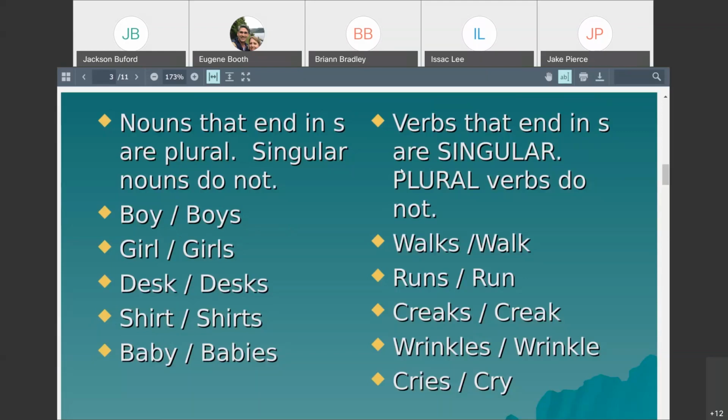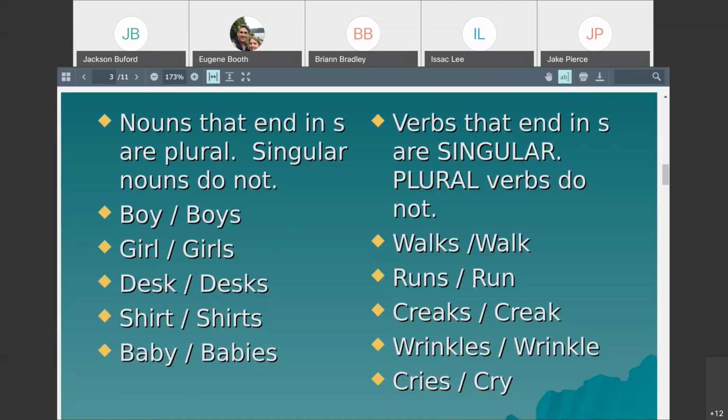Here's kind of the twist to that. Verbs are the exact opposite. Singular verbs have an S and plural verbs do not. Boy walks. Boys walk. Girl runs.